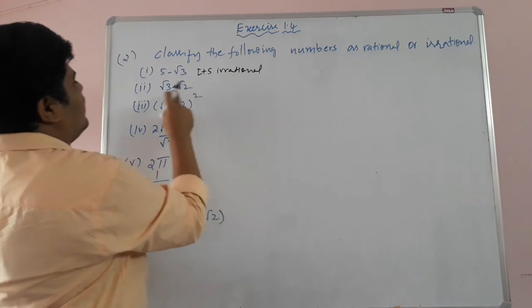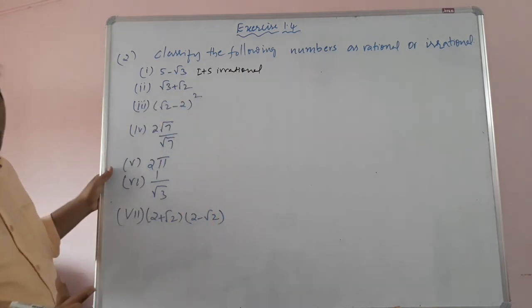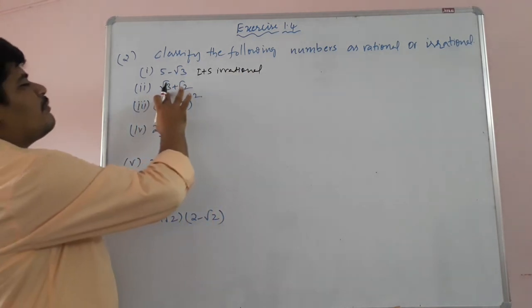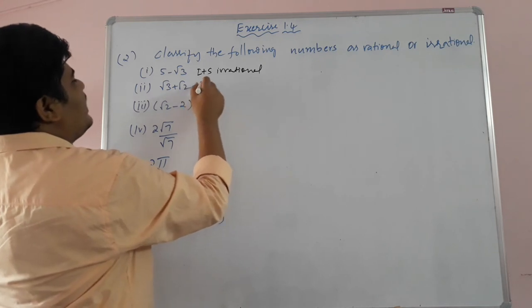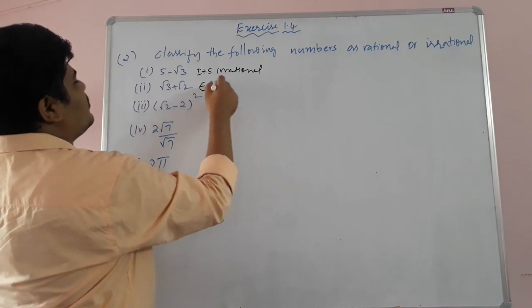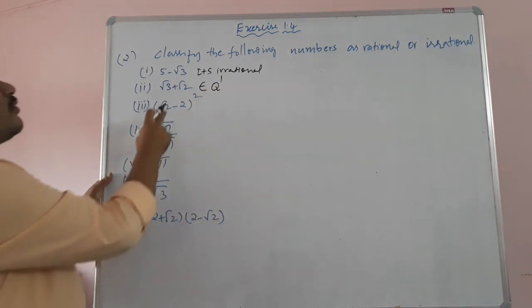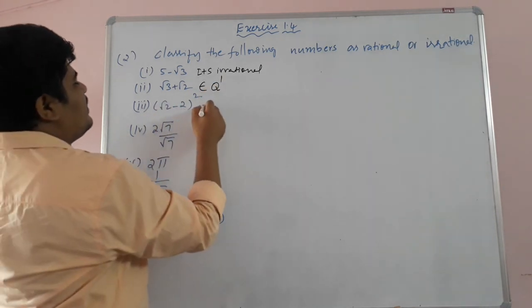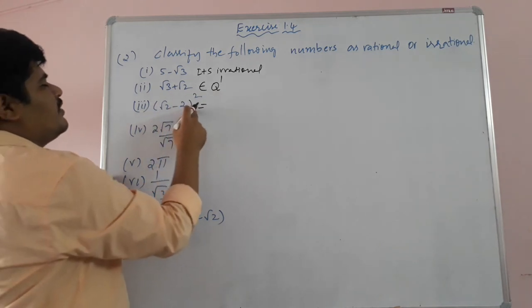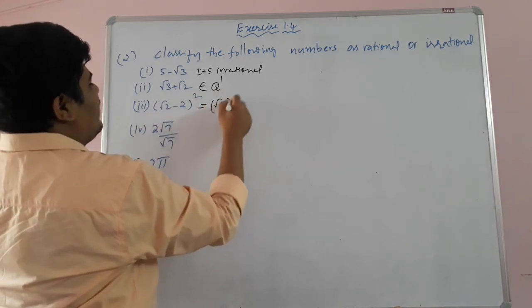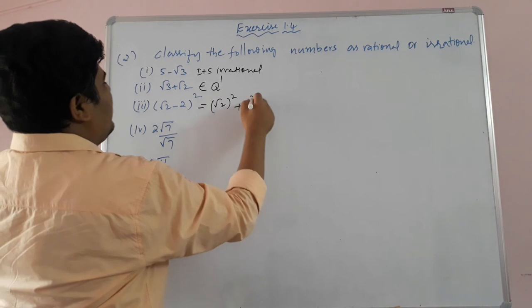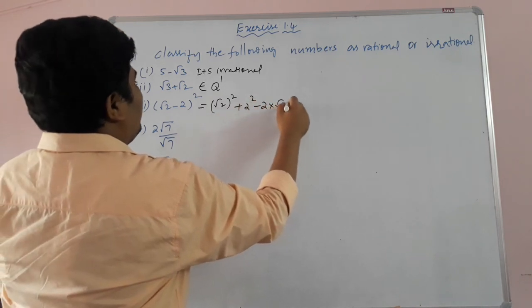Okay, now see root 3 plus root 2. So both are irrational numbers. The sum of two irrational numbers is also irrational only. So I can write here it belongs to Q dash. Q dash means irrationals. Now students, see here root 2 minus 2 whole square is there. It is in the form of a minus b whole square. So expand: a square plus b square minus 2ab.